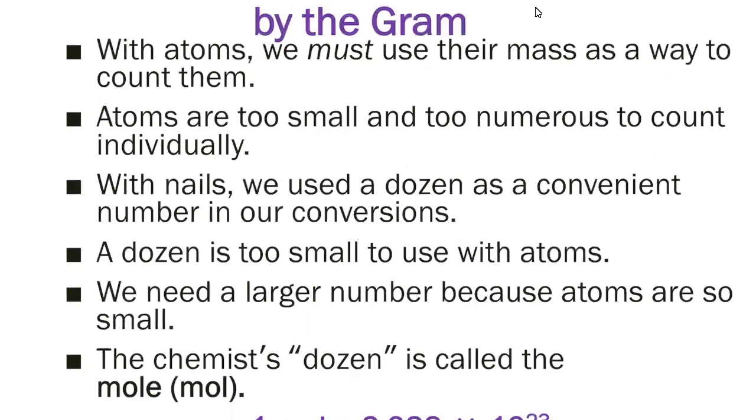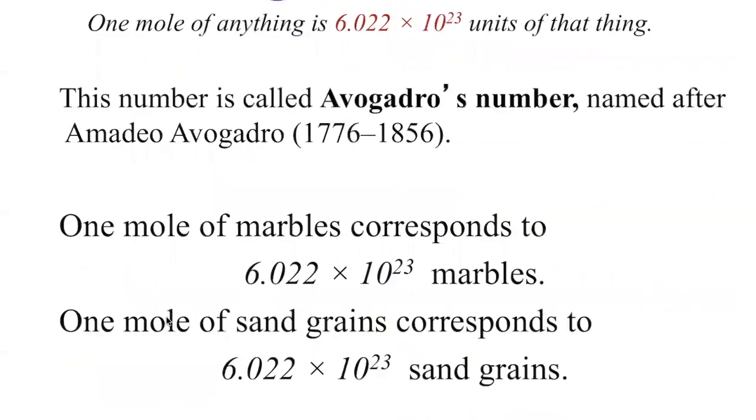Now, a mole equals this number, 6.022 times 10 to the 23rd power. That is Avogadro's number. The unit for that number can be different depending on what you're referring to. For example, 1 dozen apples or 1 dozen marbles, or 1 dozen grains of sand.